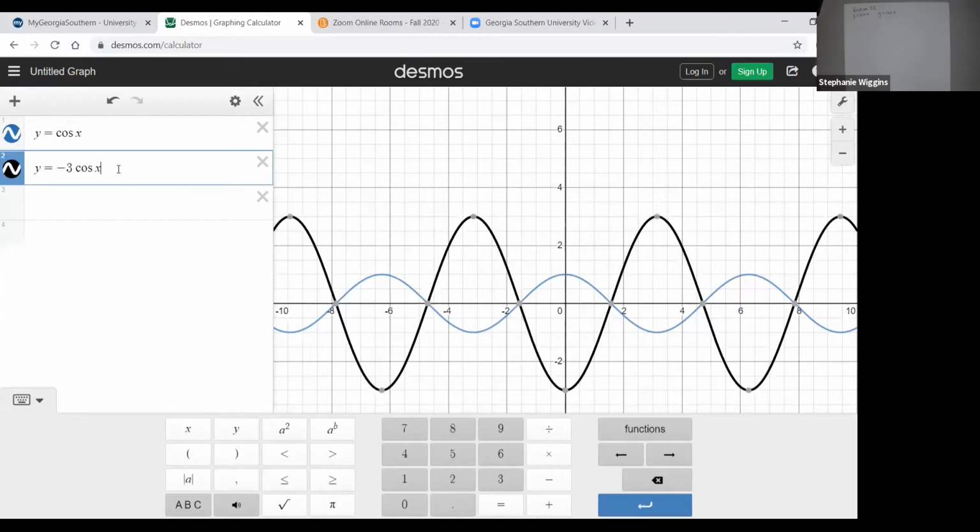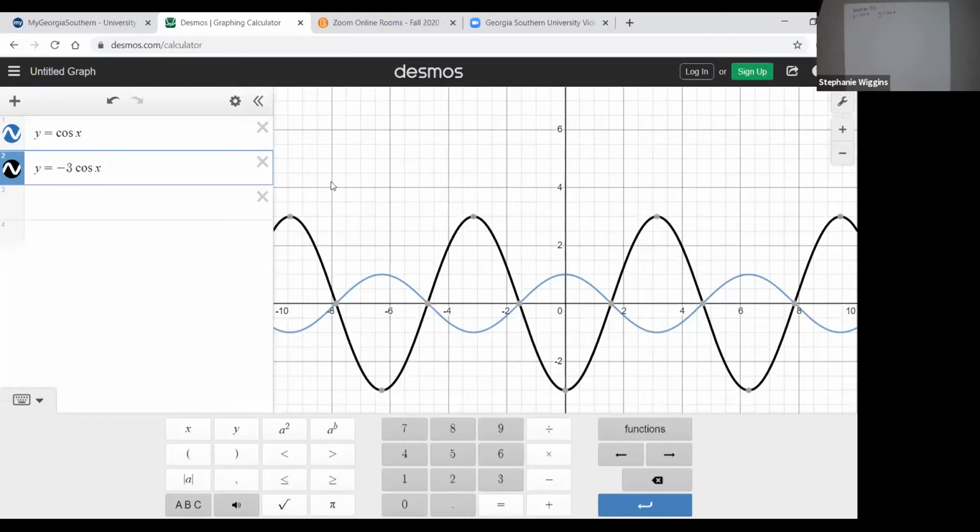And furthermore, since I'm multiplying by -3, it stretches that, so the height of the peak is up to 3 instead of 1, okay? Well, the amplitude is still 3 because remember, the amplitude is the distance from the x-axis to the highest point. So the amplitude, even though I have a negative in front here, is still 3 for this function, okay?